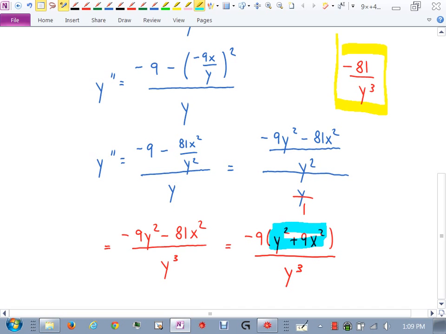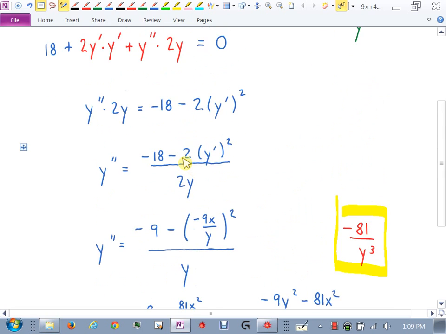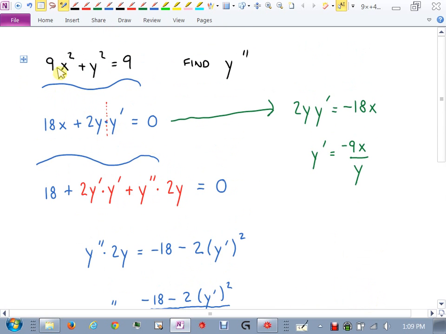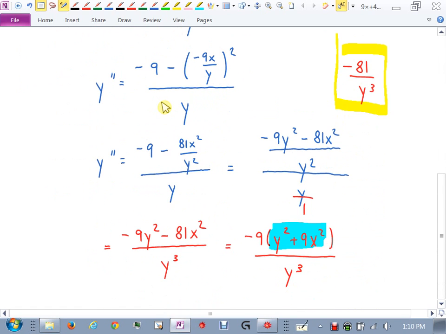What is 9x squared plus y squared? Go back up to the very beginning of the problem. What's 9x squared plus y squared? It's 9. Right? If this equation is true the entire time, then at the end, if we ever see that, we can turn it into a 9. That's what they did. So this becomes negative 9 times 9 over y cubed, which is that.